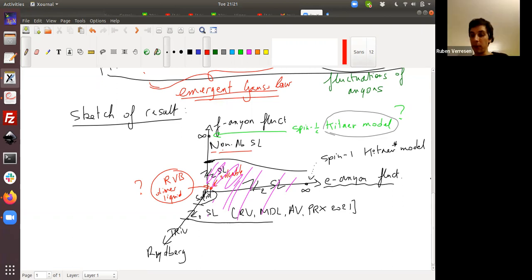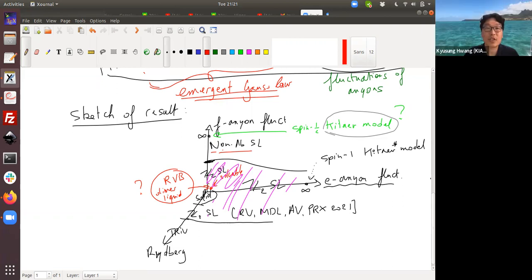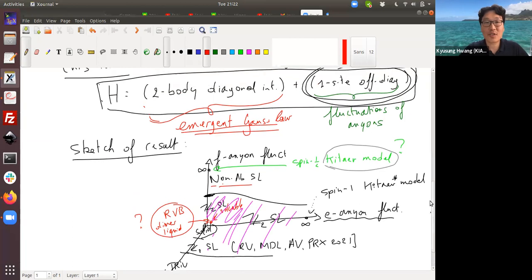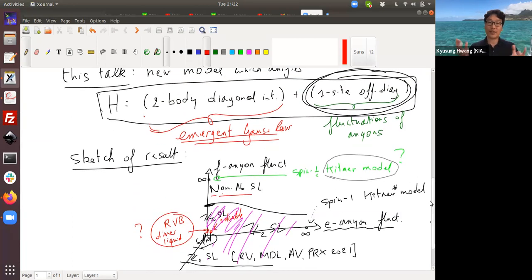Okay. I have one more question, actually. So in this generalized model, Gauss law is implemented by diagonal spin interactions. Usually in gauge theory, Gauss law enters as a constraint, but here we have this law energetically.